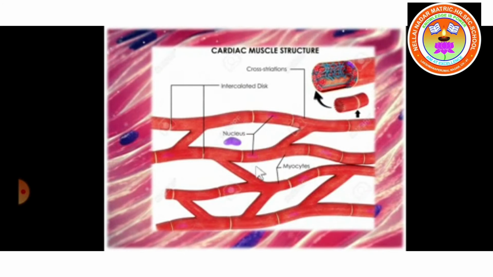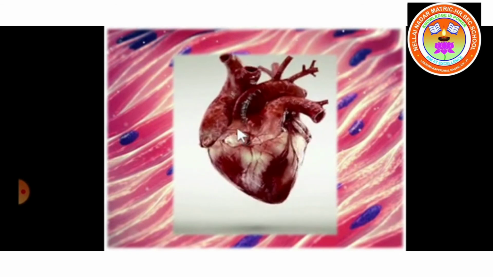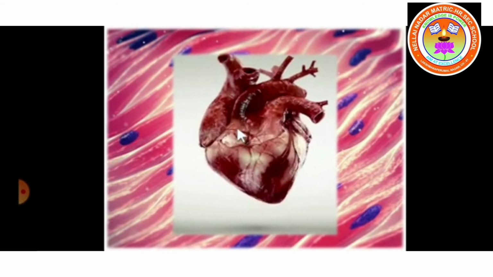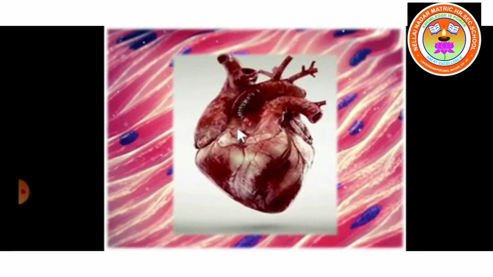Here you can see the intercalated disc. You can see some line-like structures which join together, called intercalated discs, which are unique distinguishing features of the cardiac muscle. The contraction of the heart muscle is involuntary and rhythmic. We cannot control it by our will.